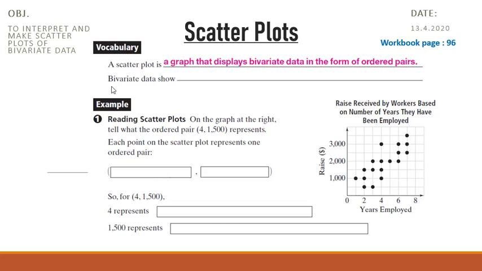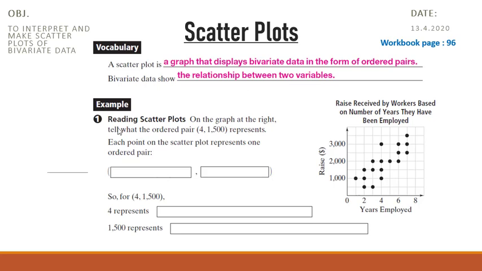And what's the meaning of bivariate data? What does bivariate data show? No one? Relationship between what? Between two variables. It's bivariate. So we have two variables. Okay.